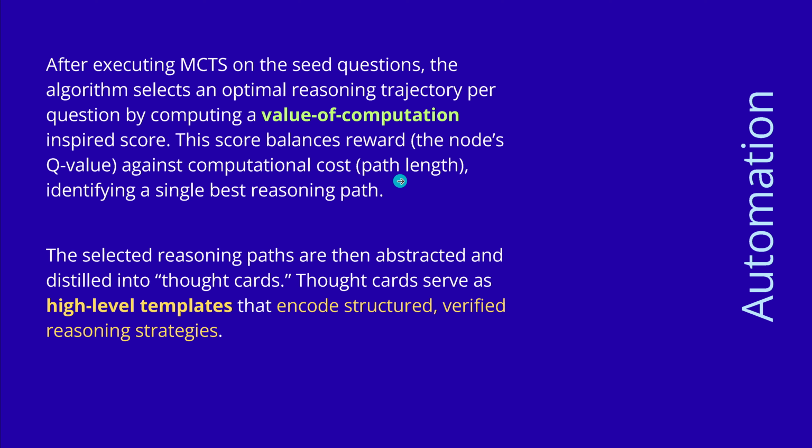One indicator might be a path length, or you can add your own parameters to this, and therefore you can identify the single best reasoning path to solve a higher-level abstraction. Great. And then these selected reasoning paths are abstracted and distilled into the sort cards. And then those sort cards serve as a high-level solution template that encodes a structured, verified reasoning strategy.